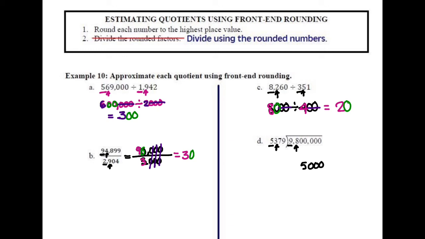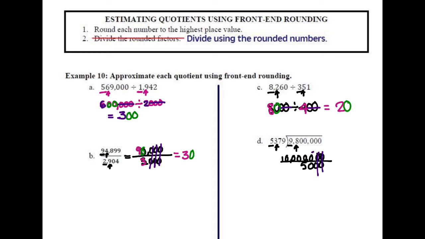Okay, so because the 9,800,000 is the dividend, the number you start with, it's going to go on top. Okay, so we want to make 10 million. Okay, so 1, 2, 3, comma, 1, 2, 3, comma. Yep. And now we're going to cross out zeros.